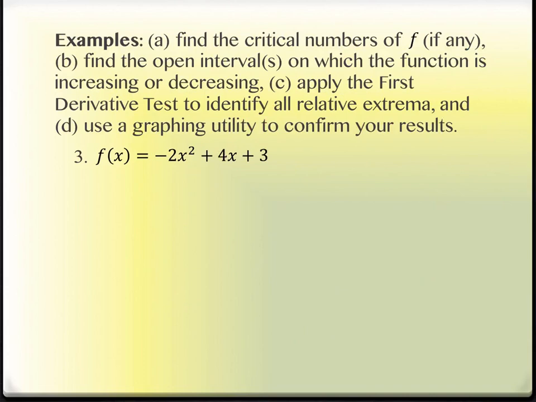That's what we were doing before. Part B says to find the intervals where it's increasing or decreasing. We did that before. The new part C wants us to find the relative extrema. And part D wants us to use the graph to confirm it. And I apologize I didn't grab the calculator, but we'll be able to graph it together even without that.